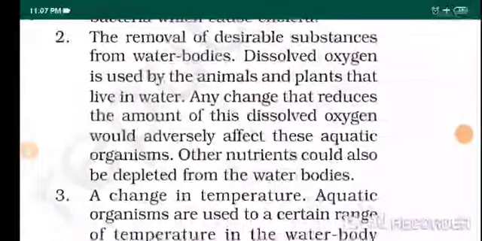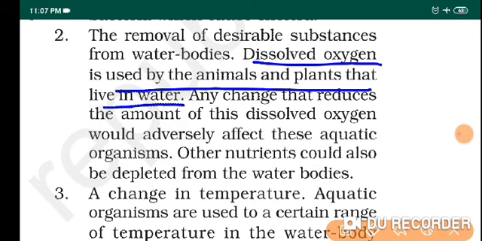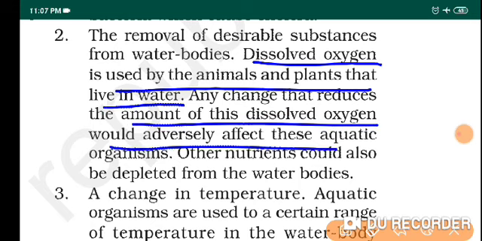Secondly, the removal of desirable substances from water bodies. Dissolved oxygen is utilized by plants and animals which live in water. So if there is a change in the amount of dissolved oxygen, it will affect life. You know that in water, aquatic life is there, both plant and animal, and they require oxygen.